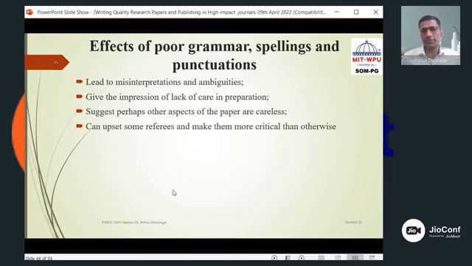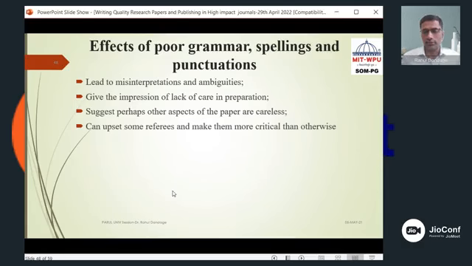Effect of poor grammar. If our language has certain issues, being in India, English is not our mother tongue. We are not experts in English. So if there are any language issues, automatically questions about the paper quality come up, especially at the global level.